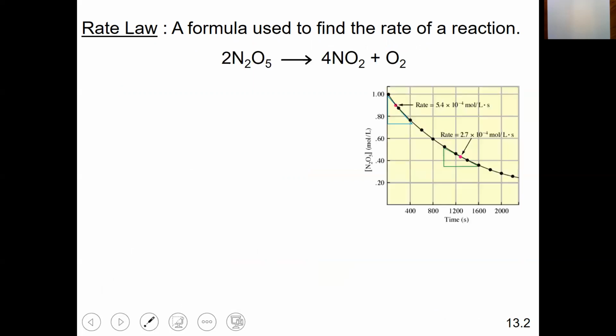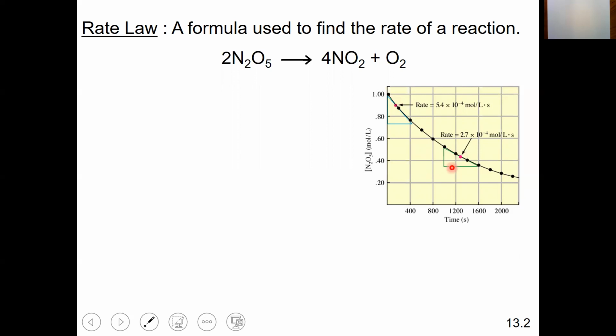You may not remember, but we've mentioned a rate law once before. A rate law is a formula that's used to find the rate of a given reaction. Here's a reaction. There's my plot of how concentration of my reactant changes over time. So I can find the slope of the line at various points, and that's what these 2 points in pink have done.